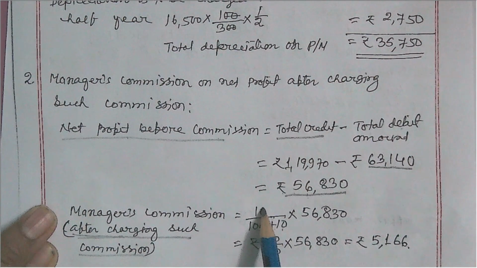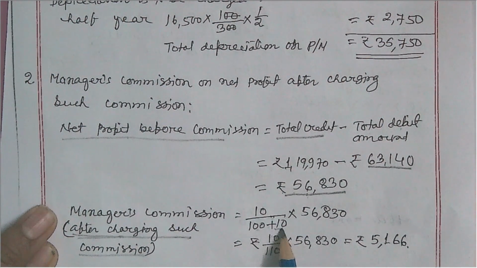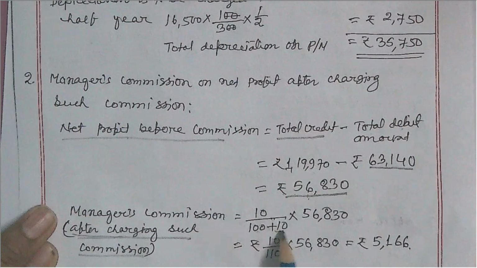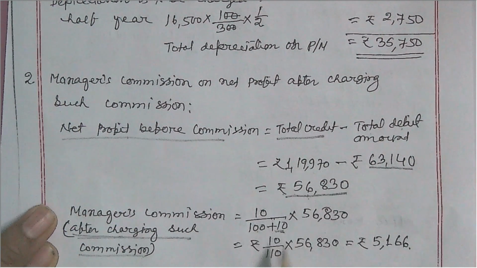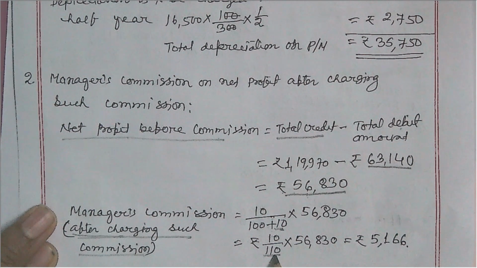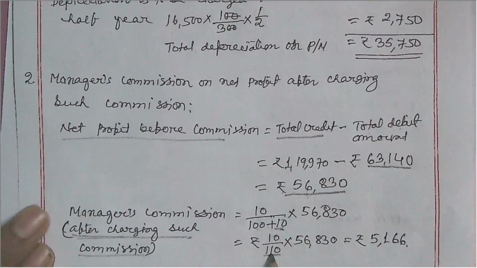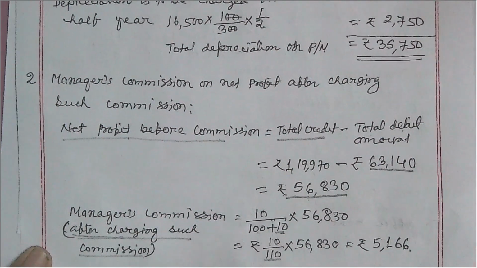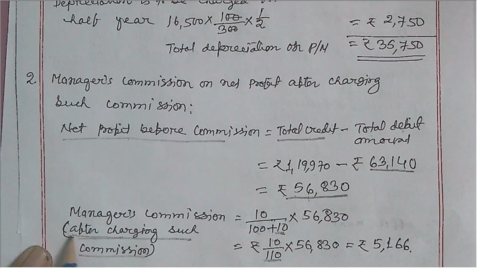If it is 20%, then it will be 20 by 120. If it is 10%, then it will be 10 by 110.